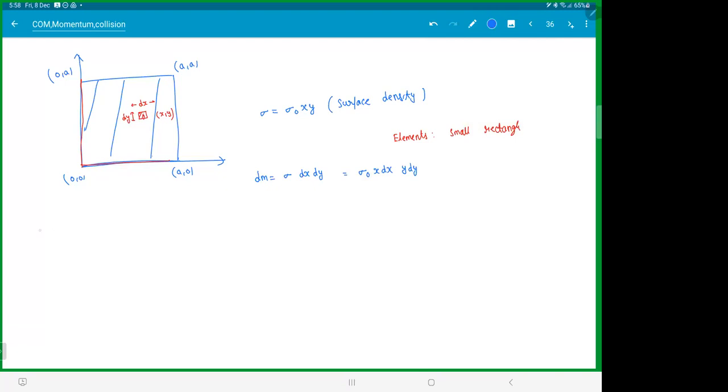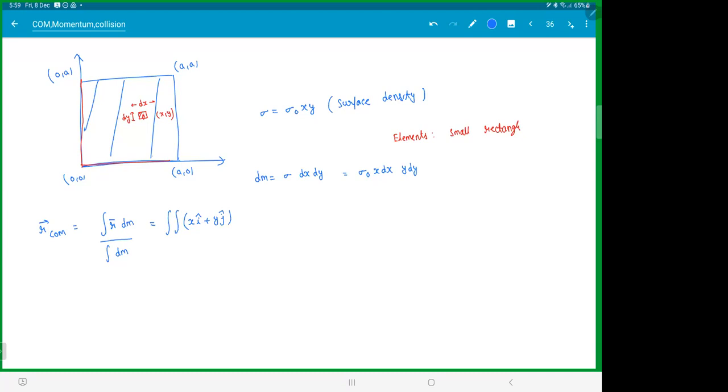When you integrate, the position vector of center of mass would be integral r bar dm by integral dm. This r bar would be xi plus yj. We put a double integral because there's a dx and dy, both of them.